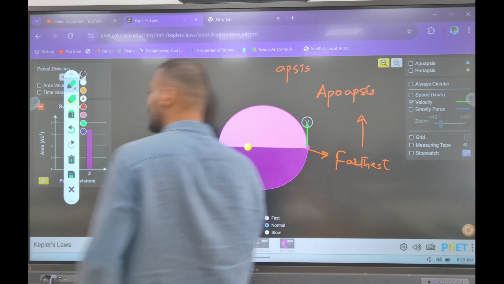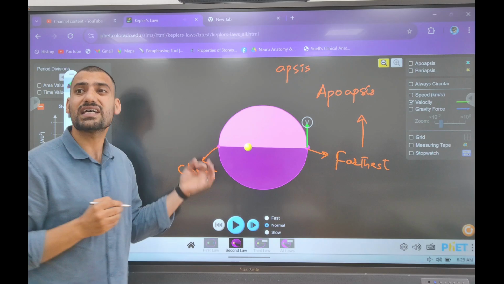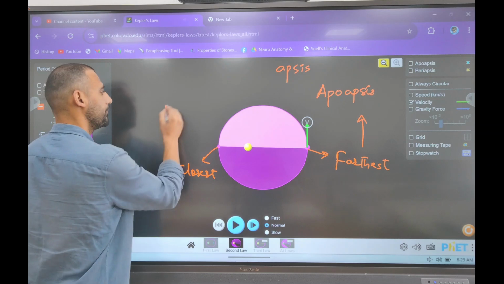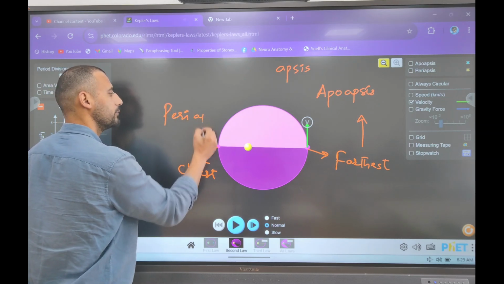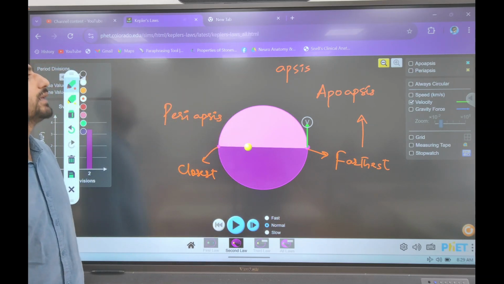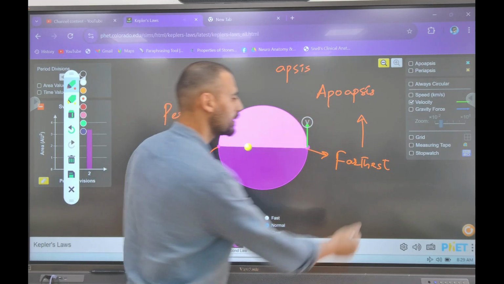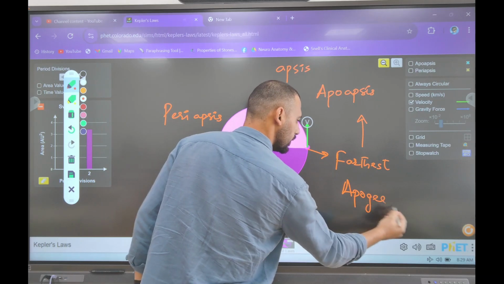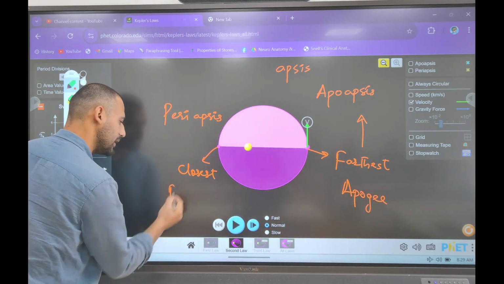But when the planet is the closest, the point is called periapsis. Now it has other names as well. One of the names is apogee, and then this is called the perigee.